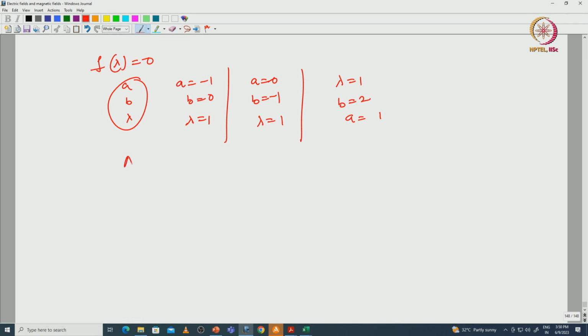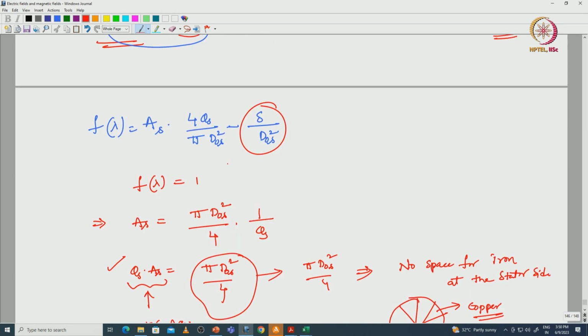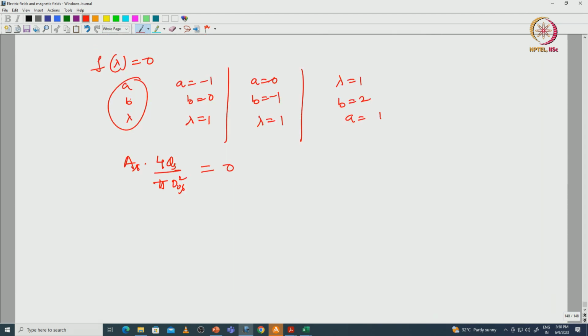F of lambda equals 0 means, from the slot area equation, 4qs divided by pi d naught s square is nothing but 0, right, from the above equation. If we substitute f of lambda equals 0, the slot area equals 0.